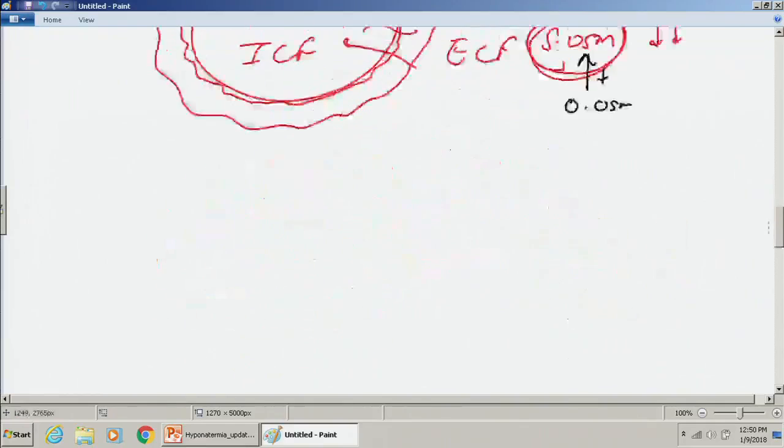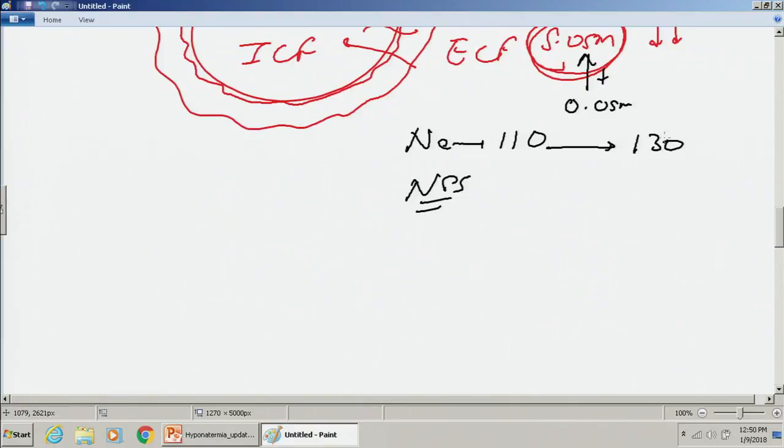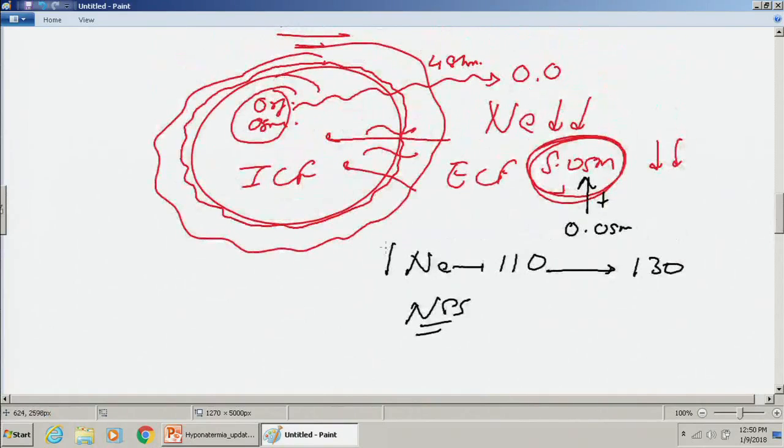So this patient now comes to the ER with a sodium of 110. We get consulted, we give this person lots of fluids, and the sodium, say, goes up to 130 in 12 hours. Okay, so now let's see what's happening. As soon as we increase the sodium concentration, it's going to increase the serum osmolarity as well, right? We already know that.